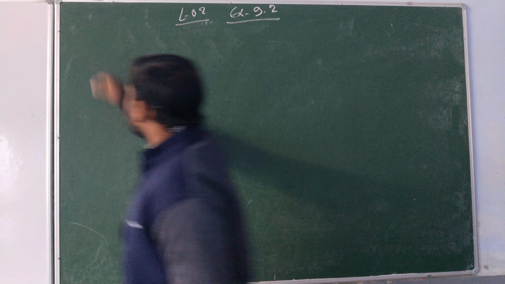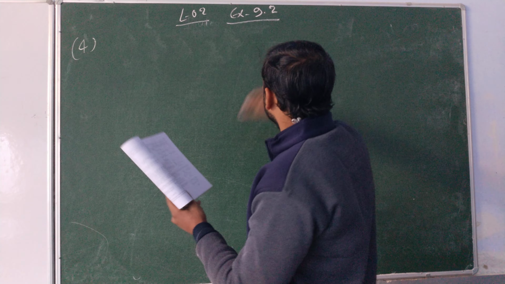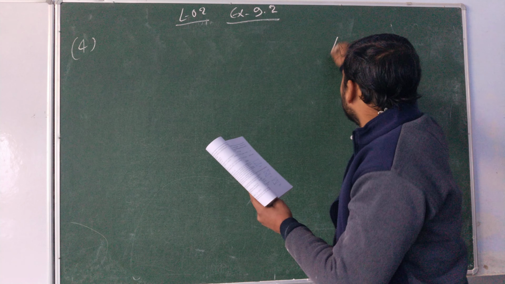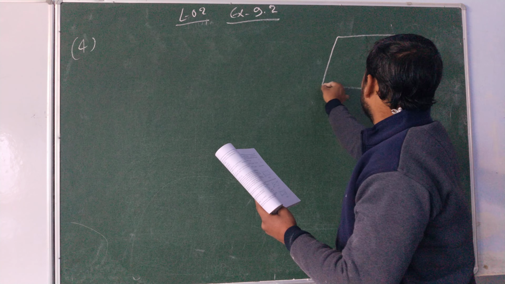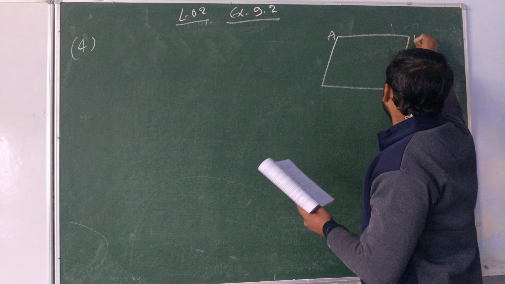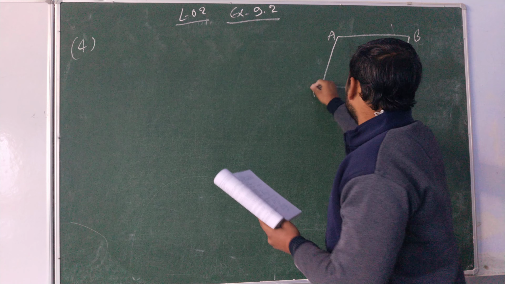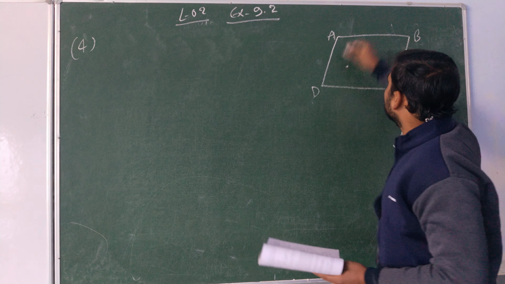Fourth question. There is a figure given in this question, the fourth question of exercise 9.2. The figure looks like this: A, B, C, D, and there is a point in the middle of this parallelogram.